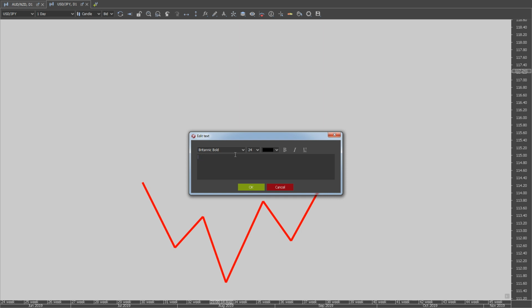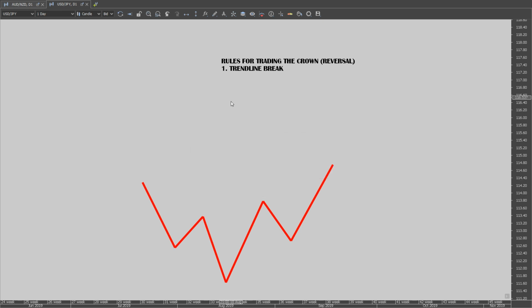Rules for trading the crown reversal. It's always the same. Number one, trendline break.